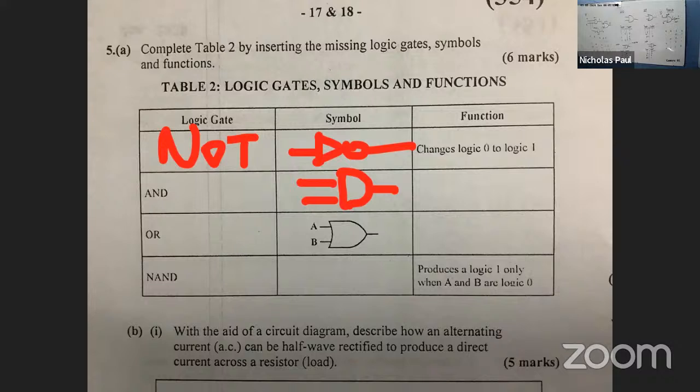Right. Everything else is zero, right? So you can say it produces a one only when you have two 1s. Everything else is 0. Two 1s give you a 1. Everything else is 0, right? That's okay.